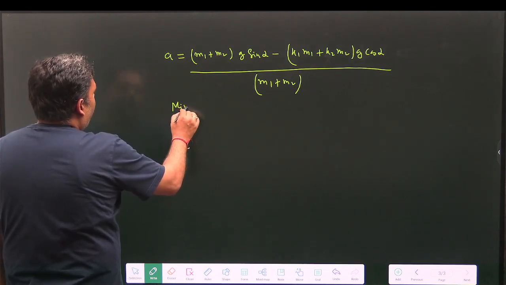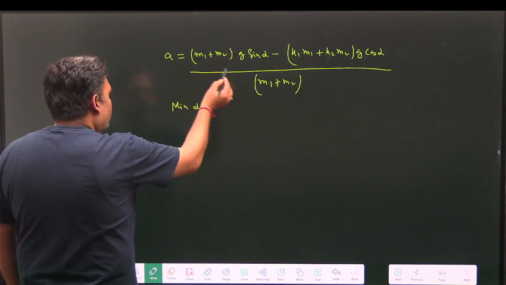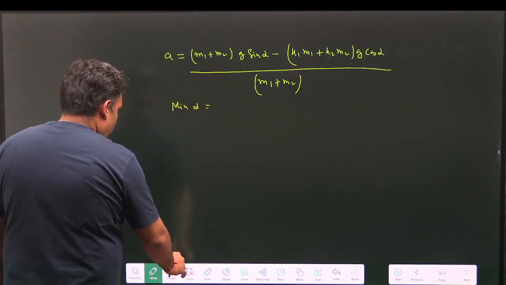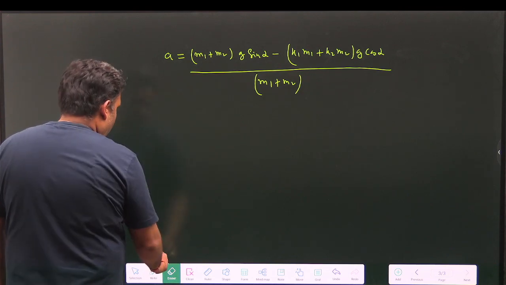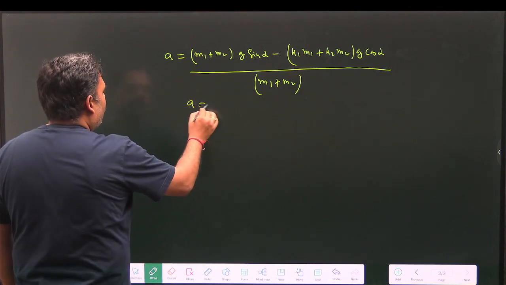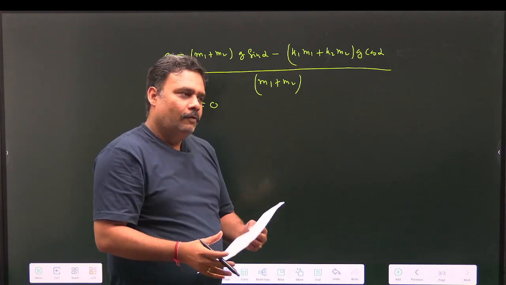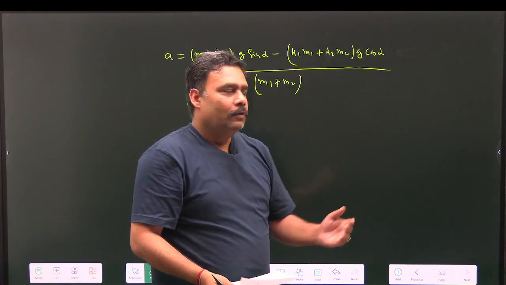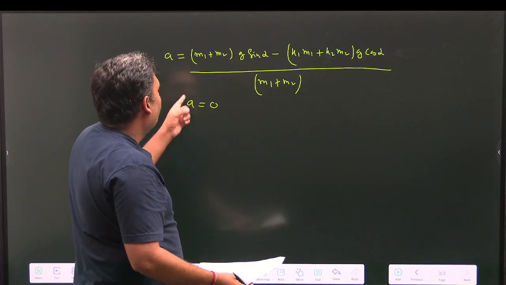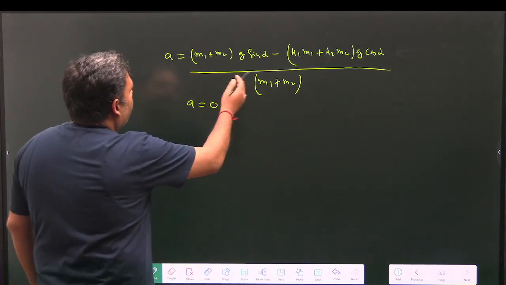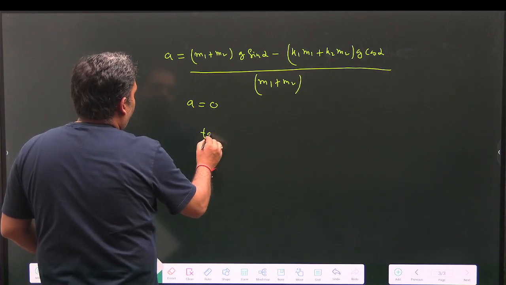So at minimum alpha, where the whole body is just going to slide, the acceleration will be 0. We have to talk about the limiting case, when it is just going to slide down, up to which the acceleration is 0. Then we can easily find the value of tan alpha.